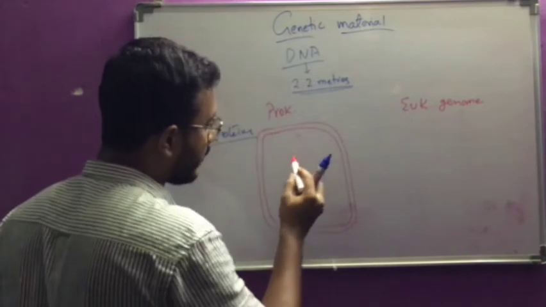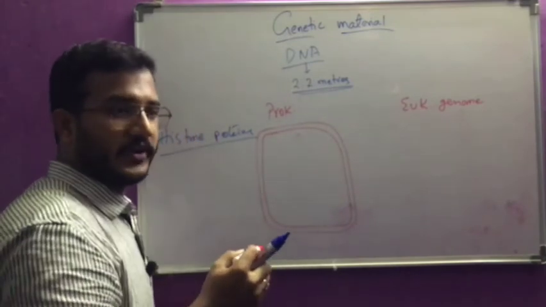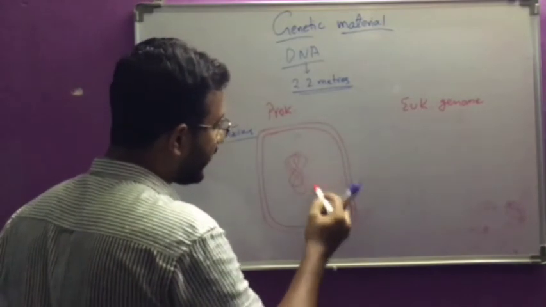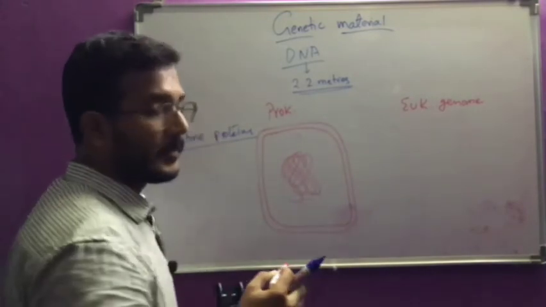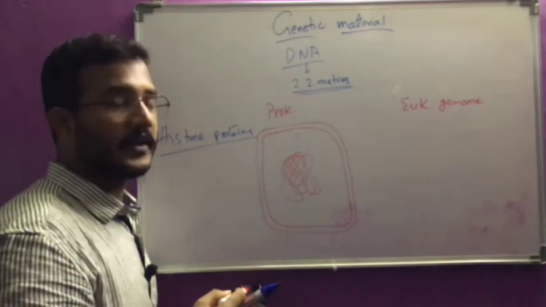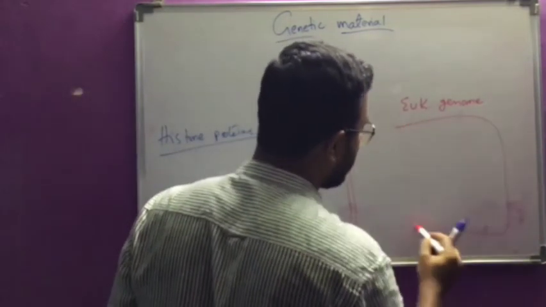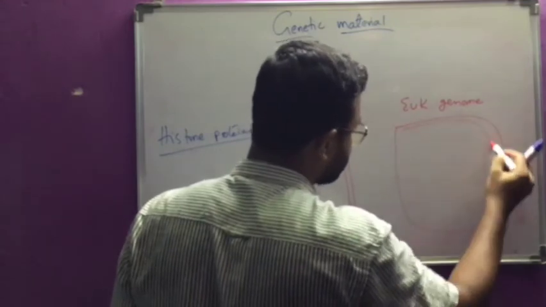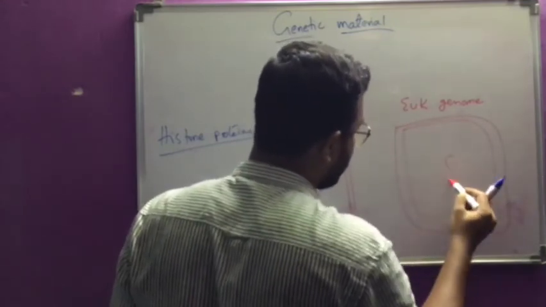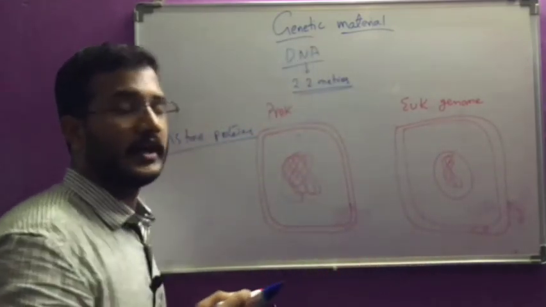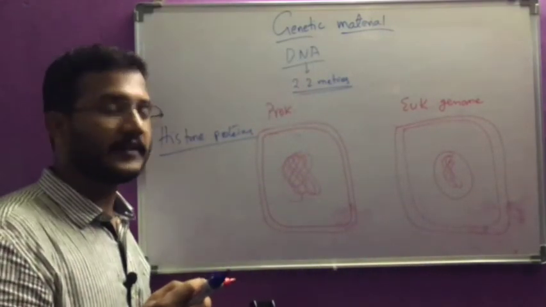Yesterday we discussed the differences between prokaryotes and eukaryotes. The genetic material is not surrounded by any membrane, so the genetic material is scattered. But in the case of the eukaryotic genome, the genetic material is compressed and present inside the nuclear envelope. So these are the differences.